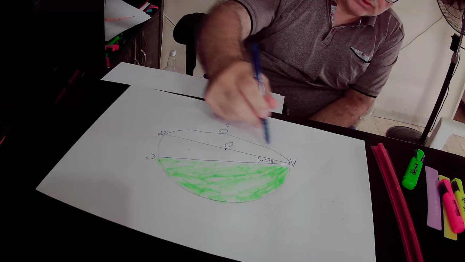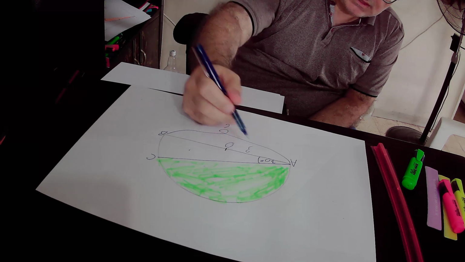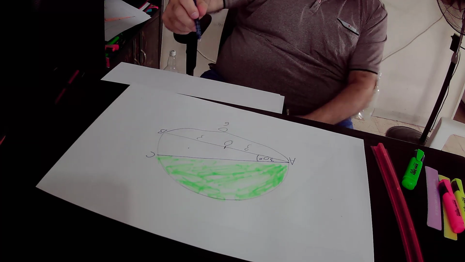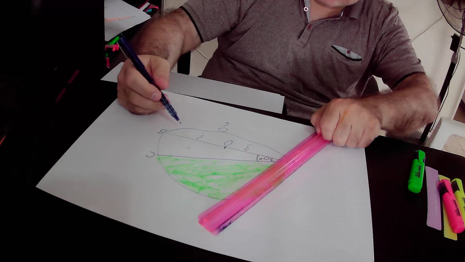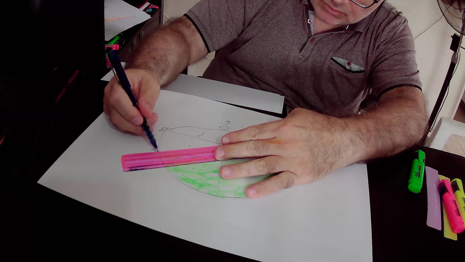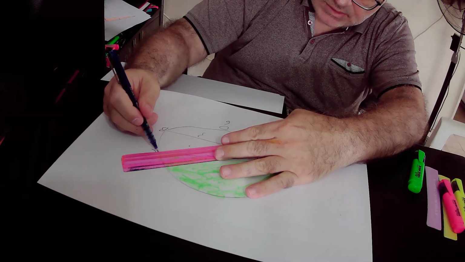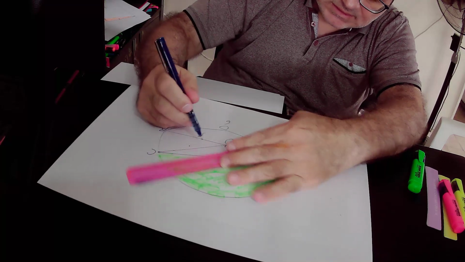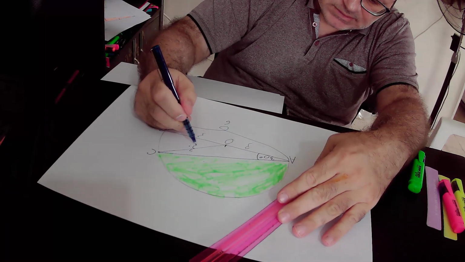So the radius AO equals 3 units, the radius OB equals also 3 units, and here point O is the center of the semicircle, point C is a point on the semicircle itself. Therefore, OC is also the radius of the semicircle, that is equal to 3 units.